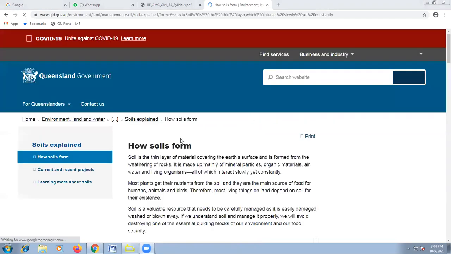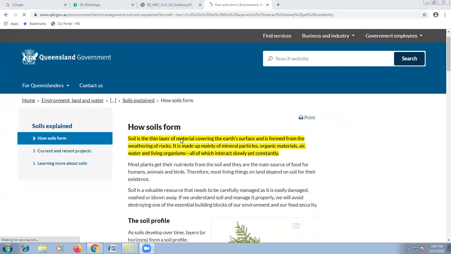Let us look at what soil is. Soil is a thin layer of material covering the earth's surface and is formed from the weathering of rocks. So we have seen what weathering means.